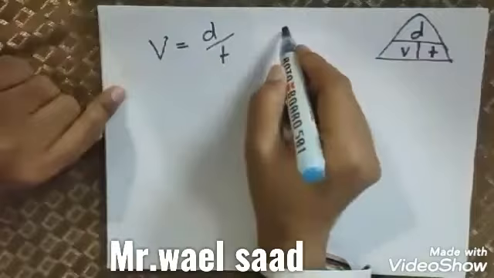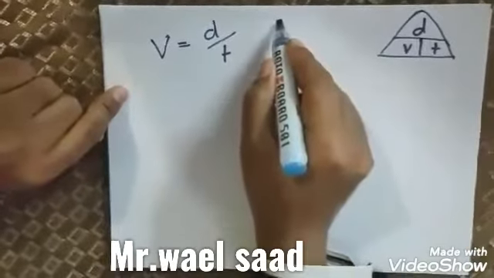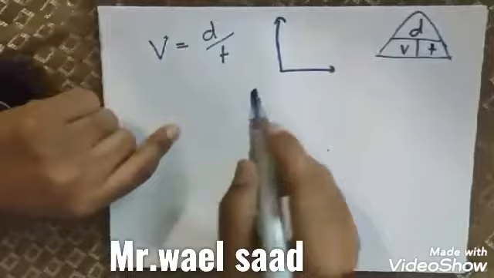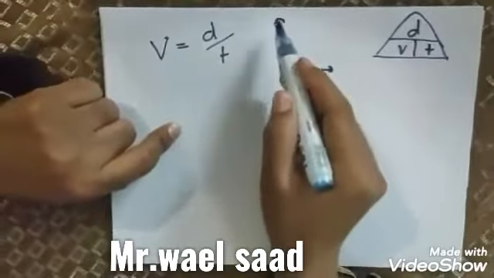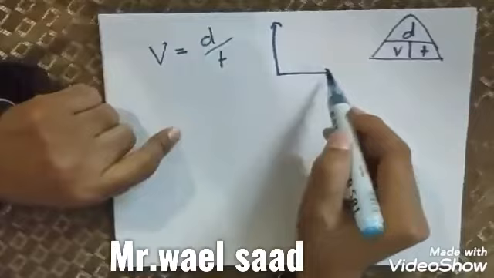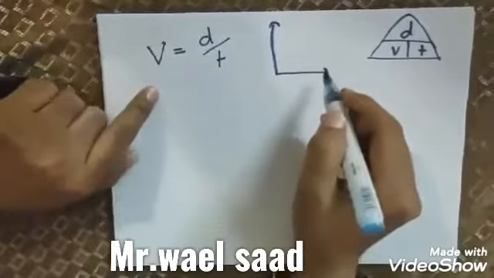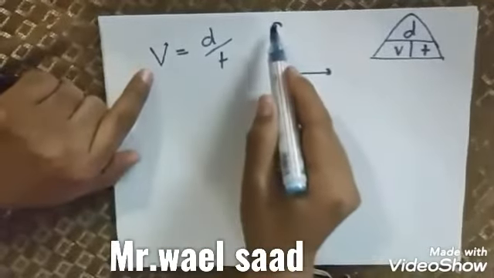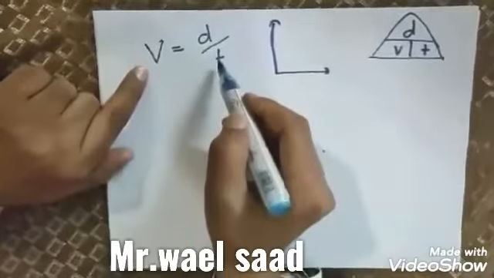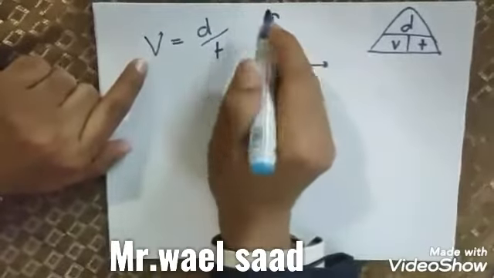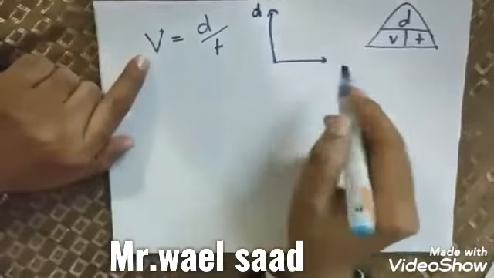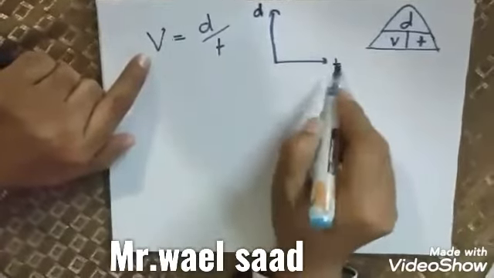So, if I wanted to represent it through a graph, as you know, my dear student, the graph contains two axes, the y-axis and the x-axis. So, what can I put on y and what can I put on x? As you see, d over t. So, d is up, d is on y, and t is on x.